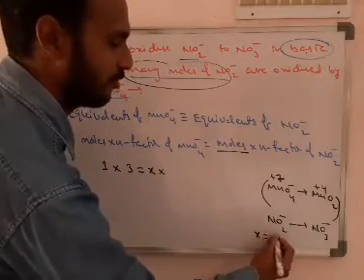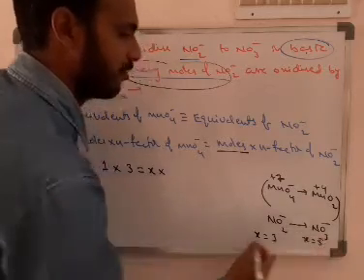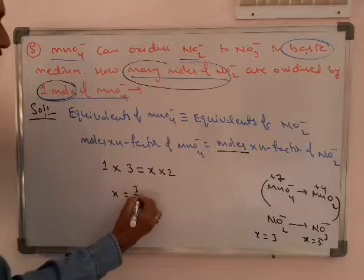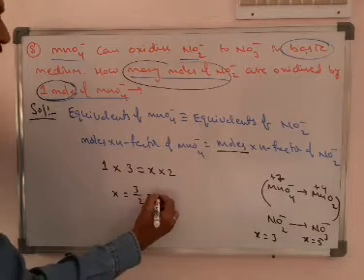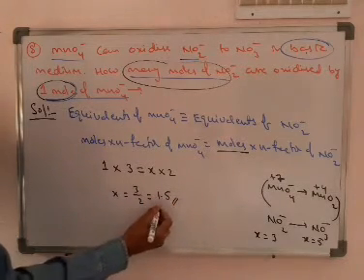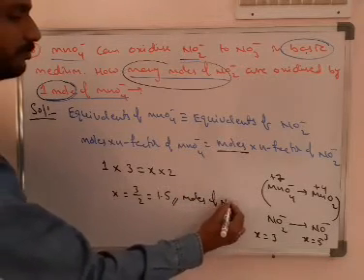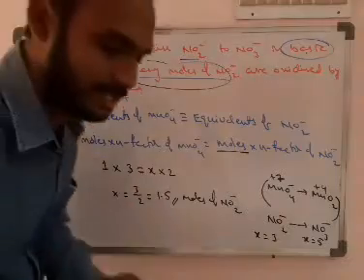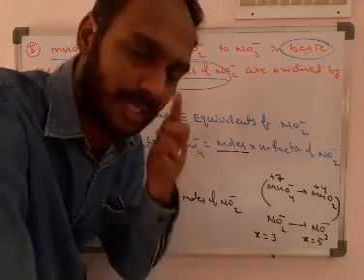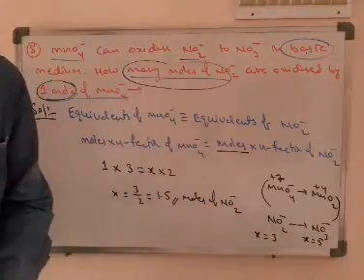Here the oxidation number of nitrogen is 3, here it is 5. So X equals 3 by 2, that is 1.5. So 1.5 moles of NO2 minus are oxidized into NO3 minus by 1 mole of permanganate ions.